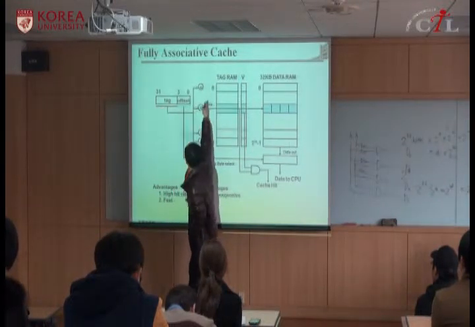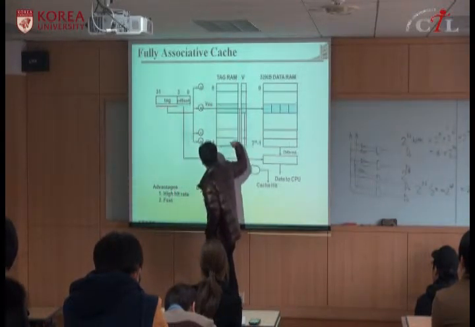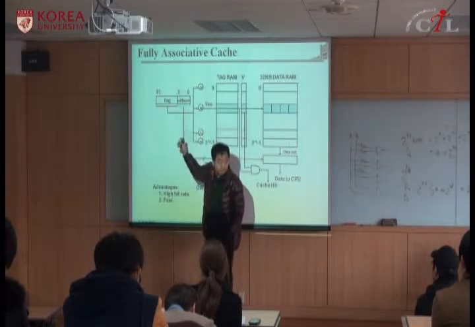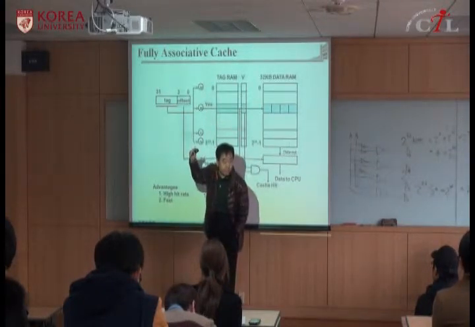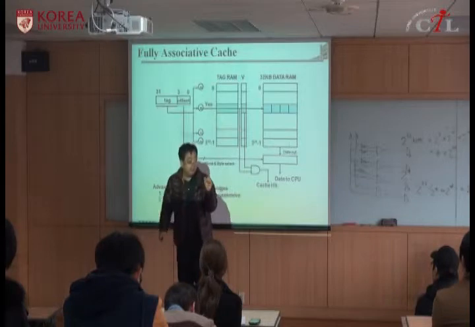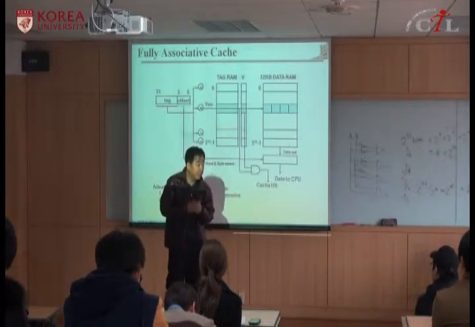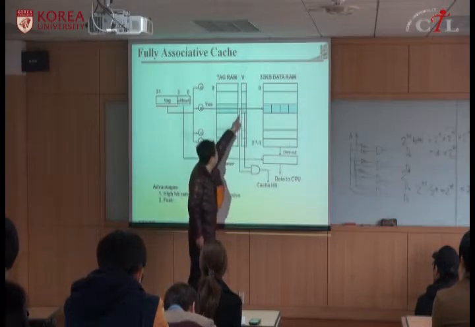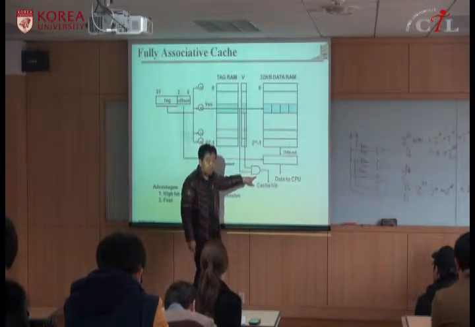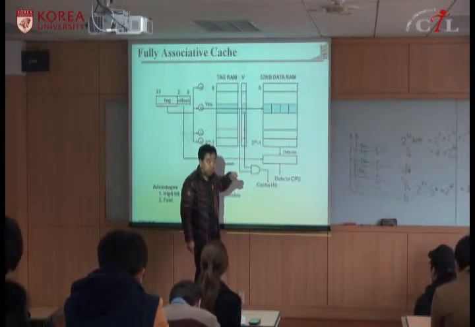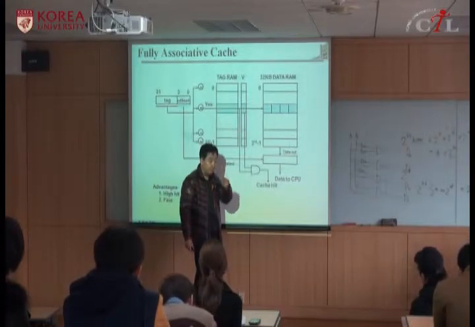And you compare with the tags in the cache simultaneously, right? They require one comparison time, right? Execution OR gate, right? And then, if it's valid, you can determine hit or miss, right? Just one comparison time, right?